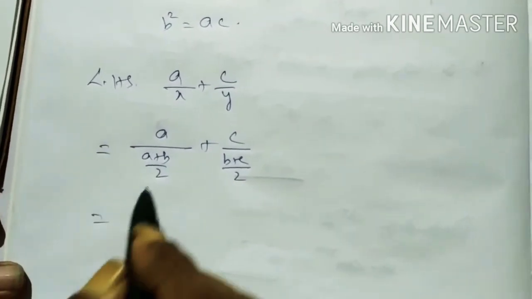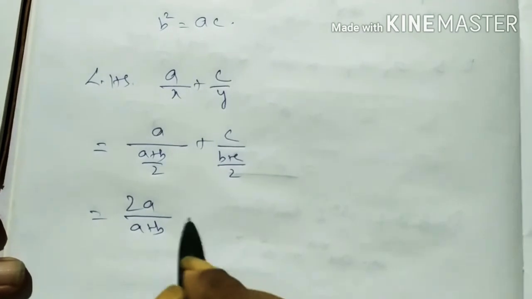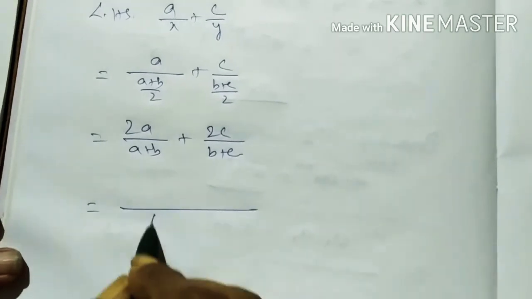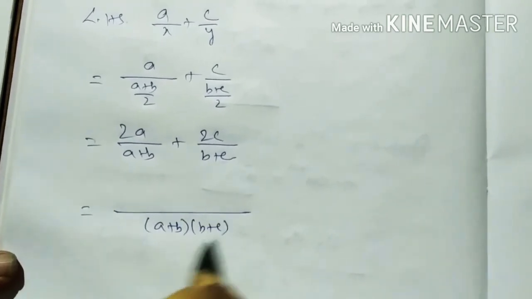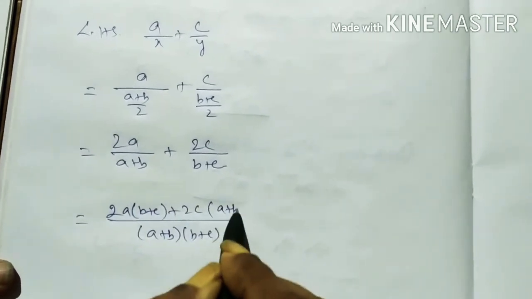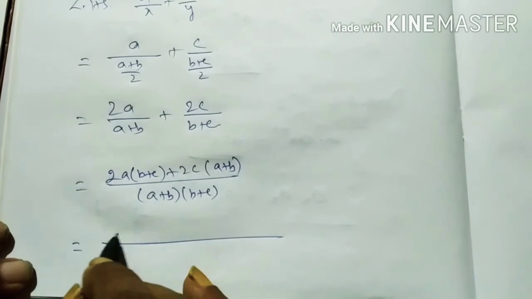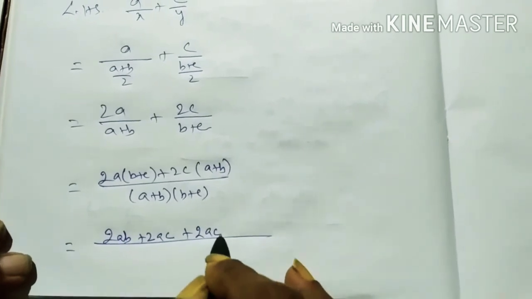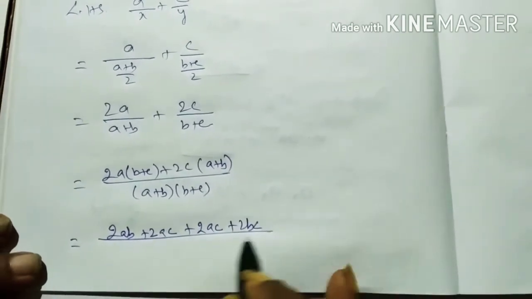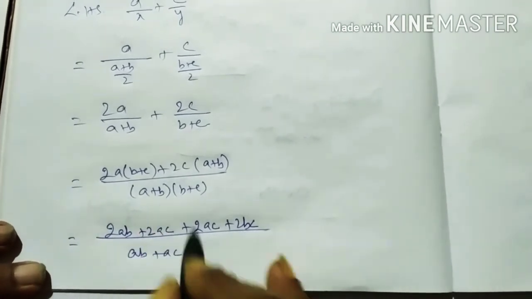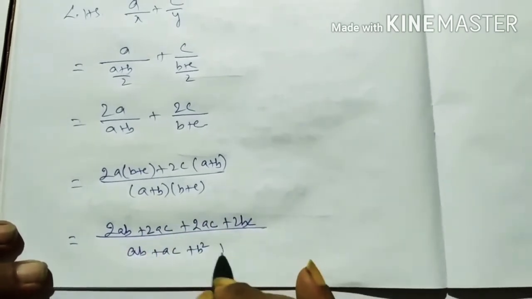Now I can write 2A by A plus B plus 2C by B plus C. Now your LCM becomes A plus B into B plus C. So here, 2A into B plus C plus 2C into A plus B. Now this becomes like this: 2AB plus 2AC plus 2AC plus 2BC, and below this is AB plus AC plus B square plus BC.